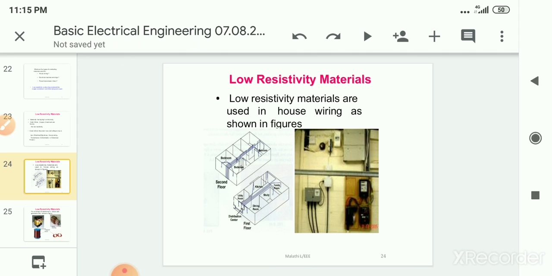Those wires are made of low resistive material: copper, aluminium, gold, silver, steel, zinc, bronze, brass, cadmium. Those are some types of low resistive materials. In that, what are we well acquainted with? Copper and aluminium are most commonly used. After that, ACSR is also used.